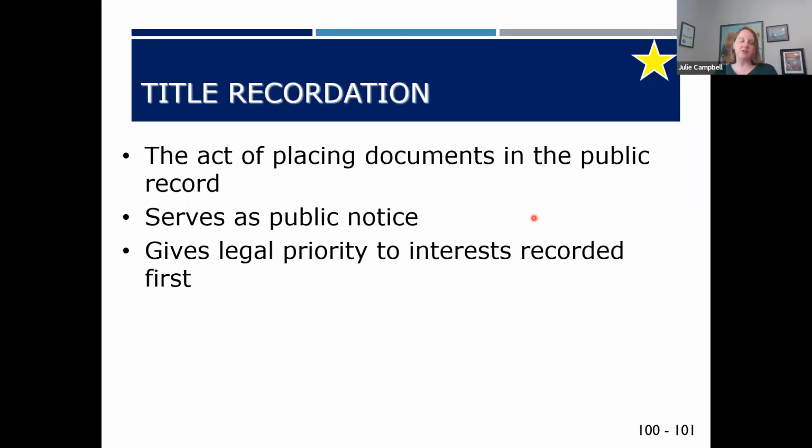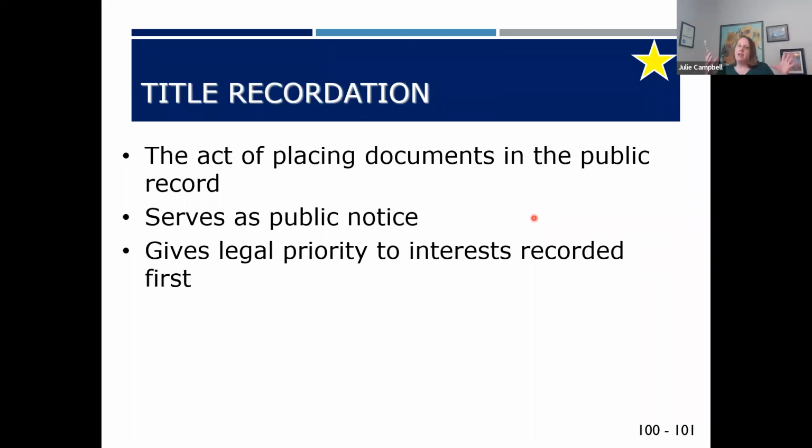What the attorney is doing is saying, hey, this property is this person's. This person is the owner of record. We're putting notice out. We record several things. The deed is one of them, of course. We also record outstanding liens. Remember, we talked about lien priority, superior liens, the mortgage, for example, specific liens, general liens.